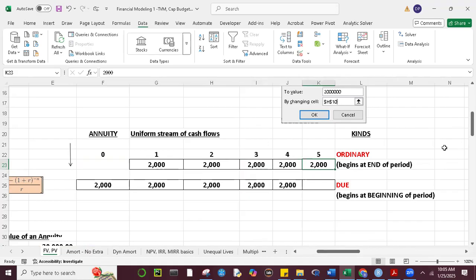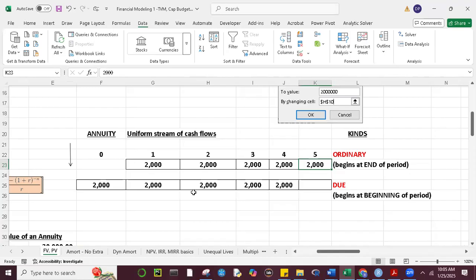On the other hand, annuity due begins at the beginning of the period. Here, 2000, 2000, 2000. Both of them have five cash flows of 2000. The only difference is that annuity ordinary begins at the end of the period, while annuity due begins at the start of the period. Okay?